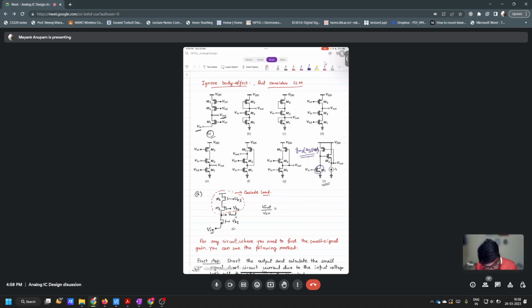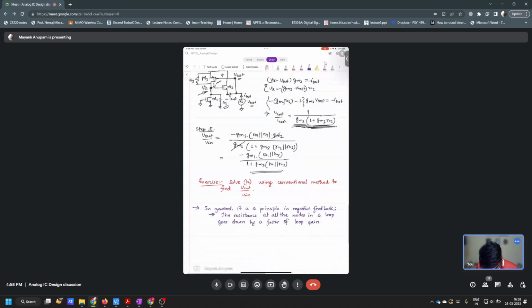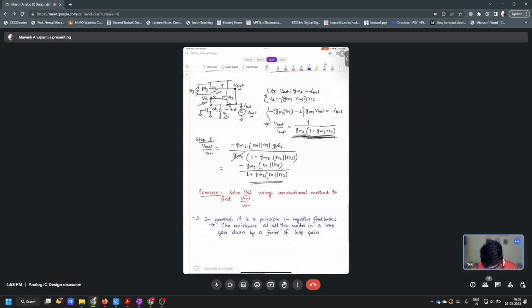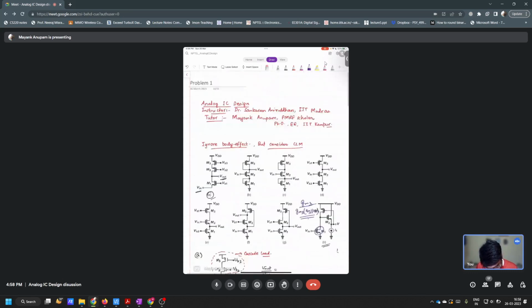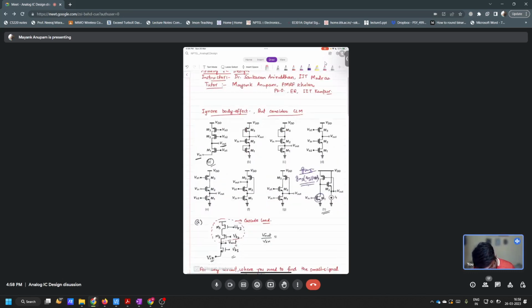So you see, this is simply gm2, which goes down by this factor, gm3 times something like this. So let's see whether it is indeed happening or not. Sorry, this is not gm2 but 1 over gm2, which goes down further.